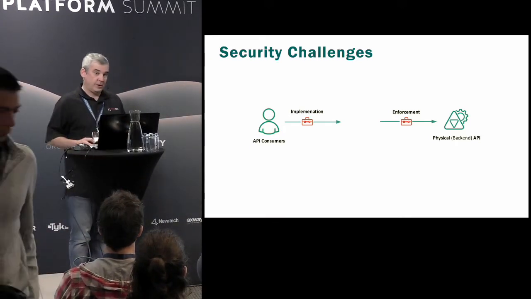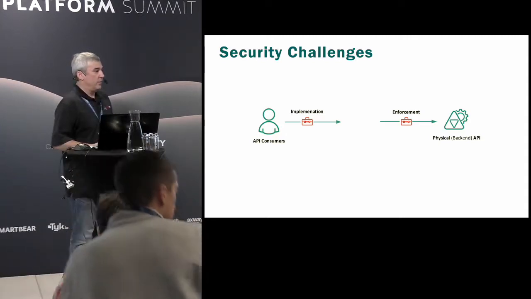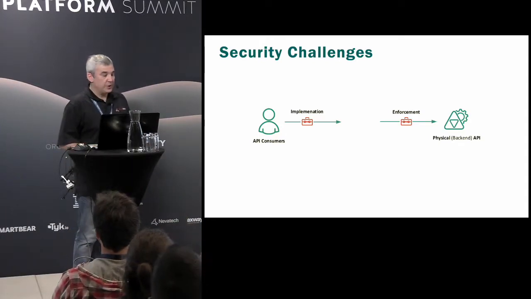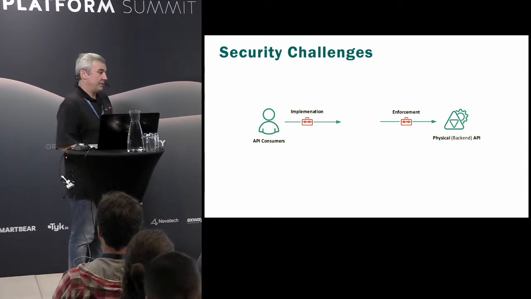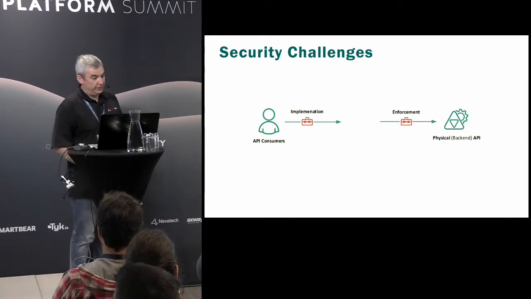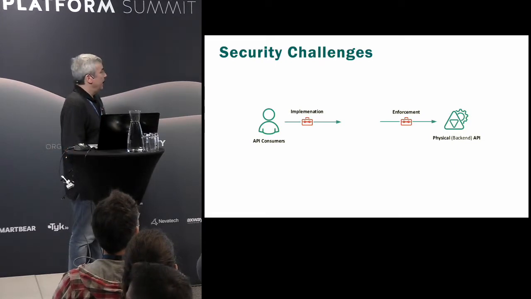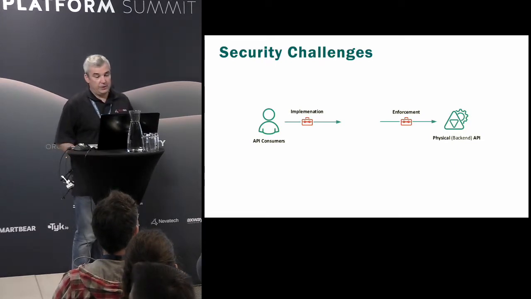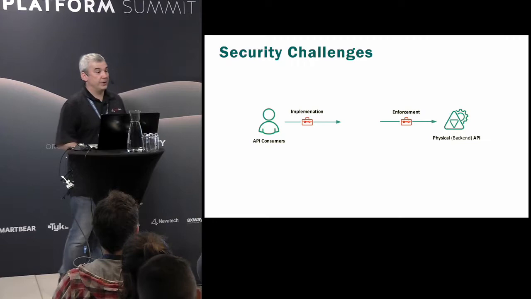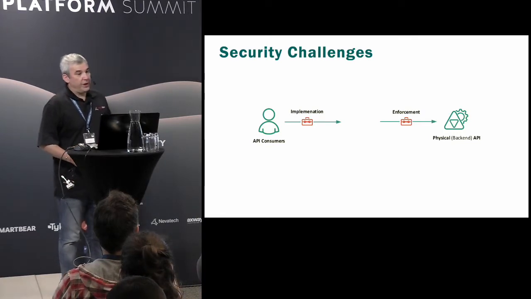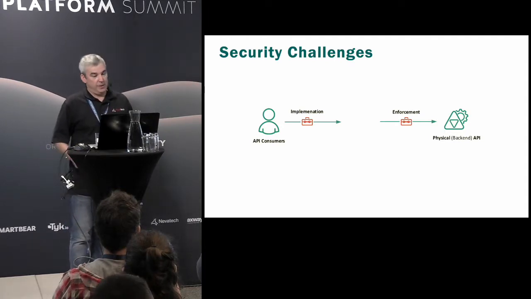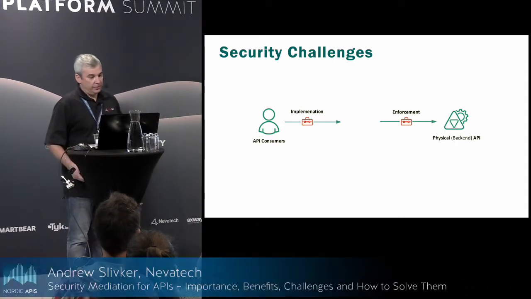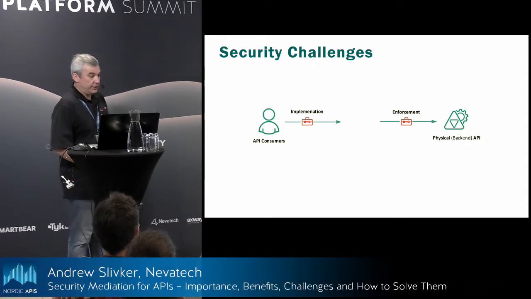It has to make sure that it's properly forming all the security tokens that need to be sent, or attaching certificates, or injecting username, password, or API keys. And on the provider side, the challenge is to make sure that this security is enforced. In both cases, it requires potentially some coding, configuration, maybe both. So these are all typical traditional challenges.